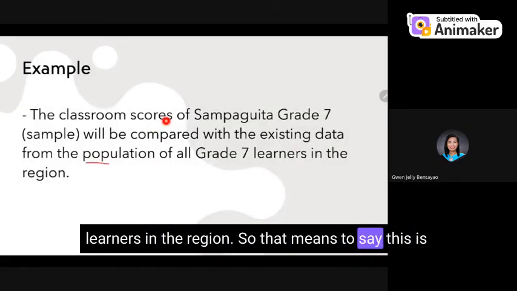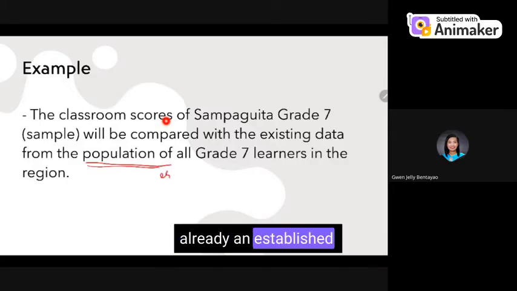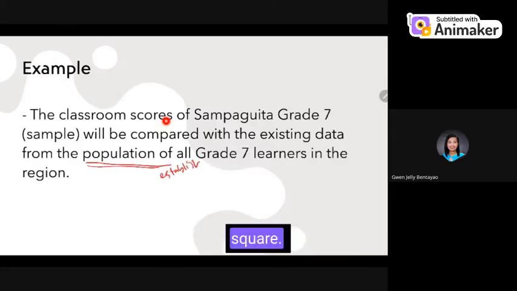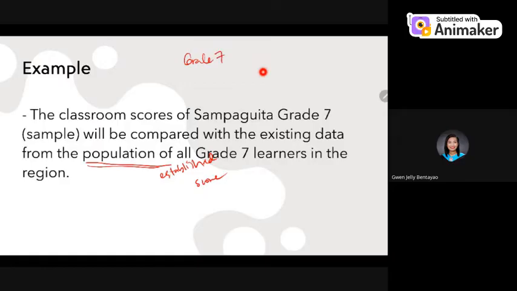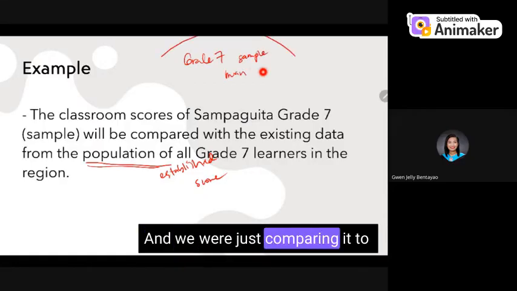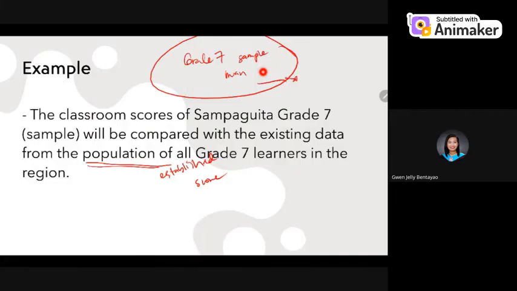So that means to say this is already an established score. Okay, so we have one sample, which is the grade 7 sample mean, and we are just comparing it to the known population already.